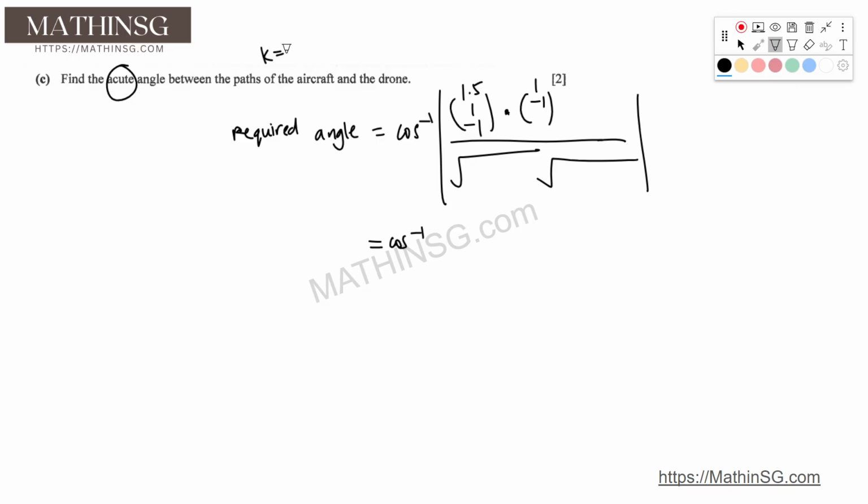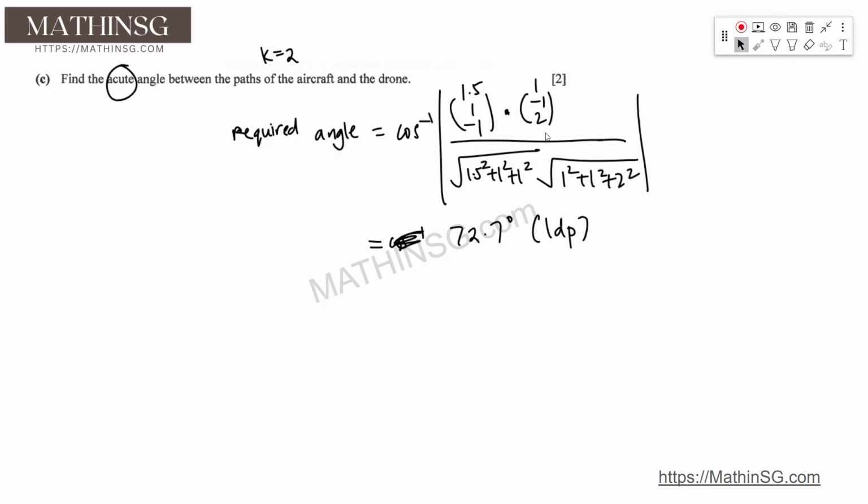For here they say k is equal to 2, so we'll put in k equals 2. Then type everything into your calculator, including the cosine inverse. You will get the answer of 72.7 degrees when rounded off to 1 decimal place.